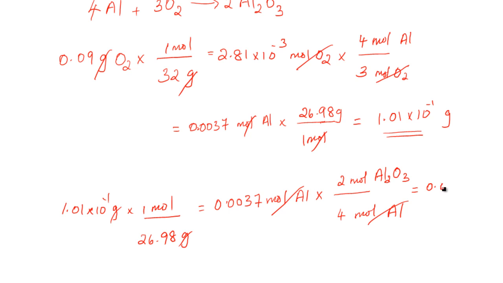0.00818 moles of Al2O3. Now the mass of Al2O3, what do you need to do?